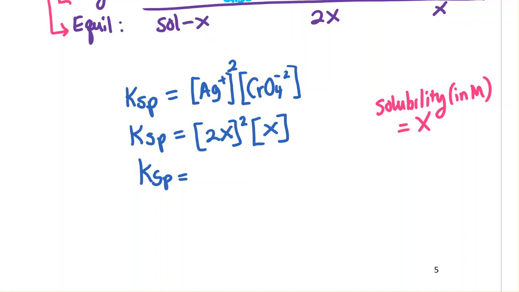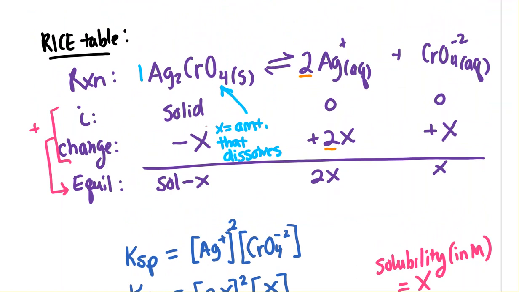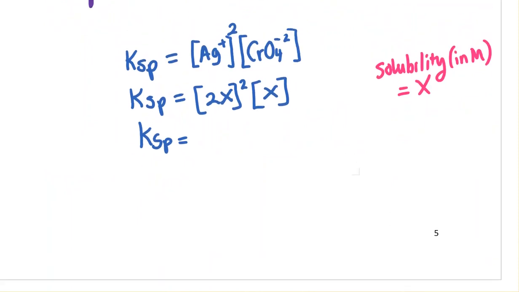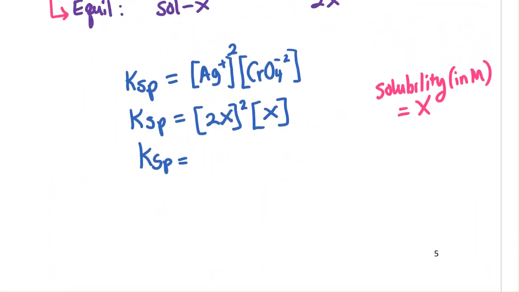If you set up your Rice table like we did, we always just have a minus x there. And so it's the amount that dissolves. It's the solubility, if you want to add that there. Make sure we have all our words straight. Okay, so I can plug in that x here, that number.